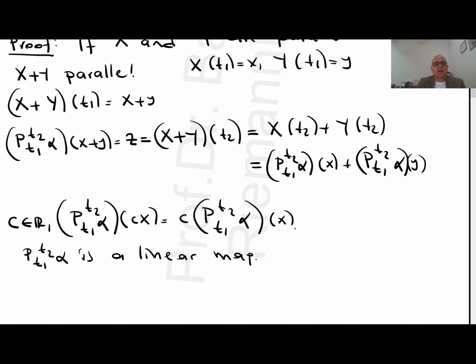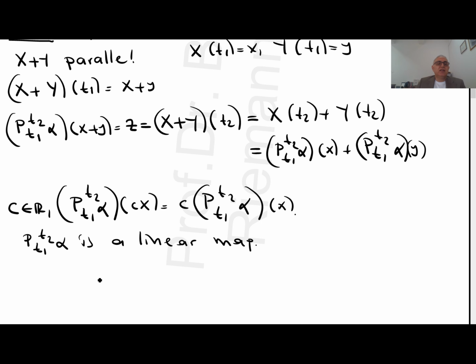Okay. Now we will show that this is a linear isomorphism. To show that, we need to show it is one-to-one and onto.